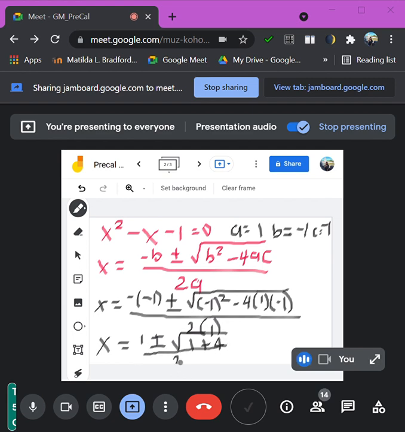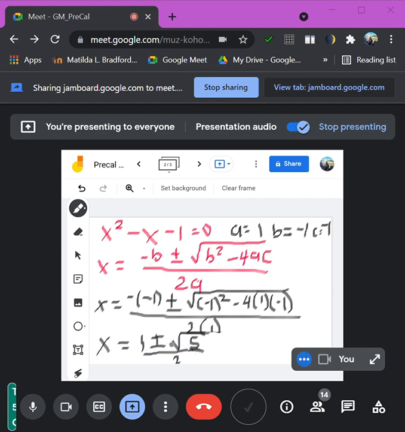So, kung ato na siyang i-simplify, idiretso na lang nato siya og 5. Okay. Kaya wala na space. So, this one is, mahimo na siya og 5. So, you will have there, x is equals to 1 plus minus square root of 5 over 2. So, ato ni siyang buwagon to get the value of our x.